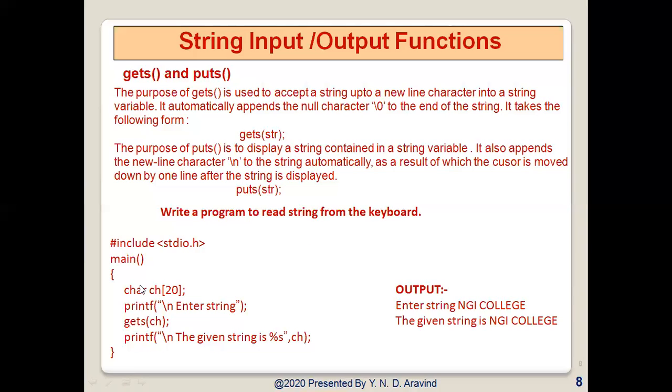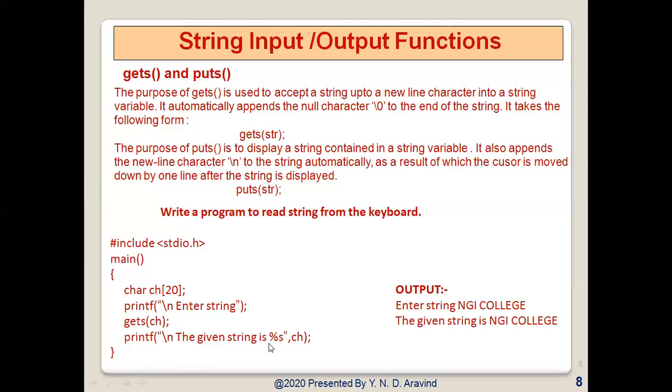Character ch, the maximum number of characters I can hold in this ch variable is 20. printf: enter the string. So gets(ch). In ch I have entered NGI college \n. Next, once after accepting NGI college, printf: the given string is %s, ch.